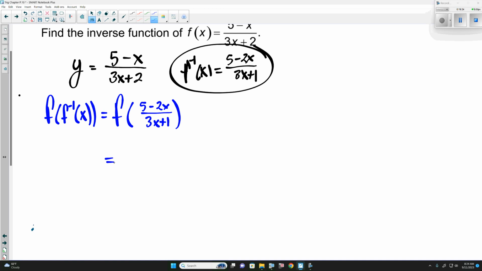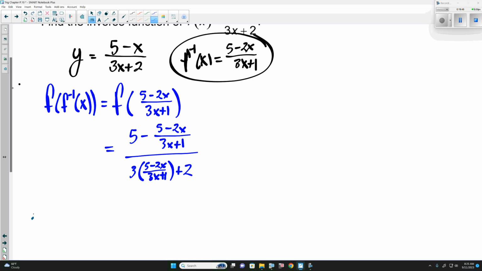But at this point we've got to plug this in for every x. So we have 5 minus 2x over 3x plus 1, over 3 times 5 minus 2x over 3x plus 1, plus 2.